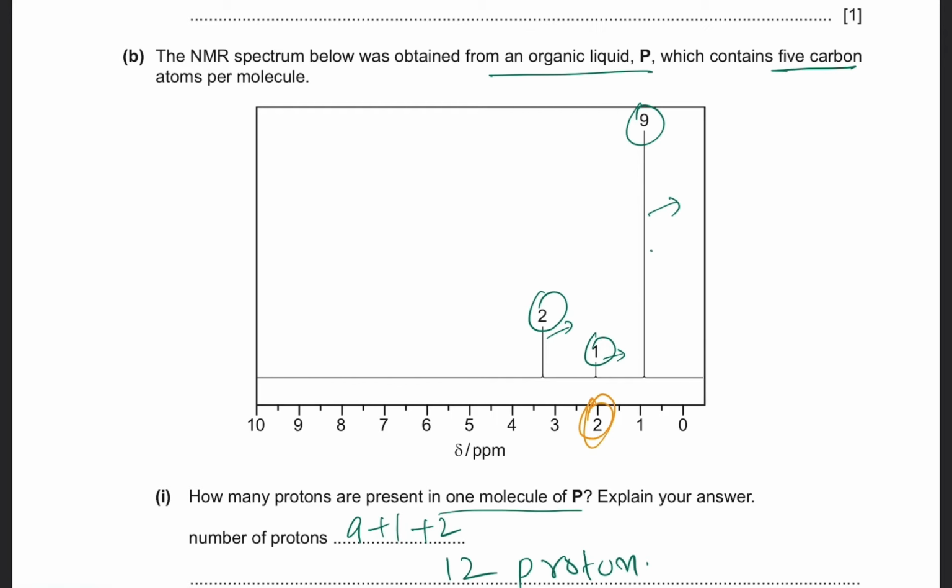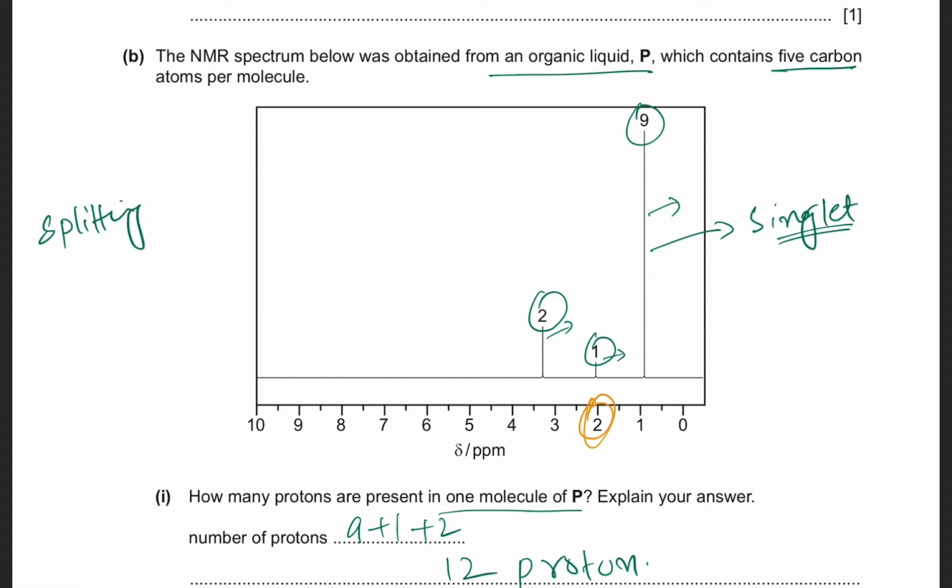Because we have a singlet here at 0.9, that means the neighboring carbon atom has no hydrogen atoms. The splitting pattern follows the formula n plus 1, where n is the number of hydrogens on the neighboring carbon atom.